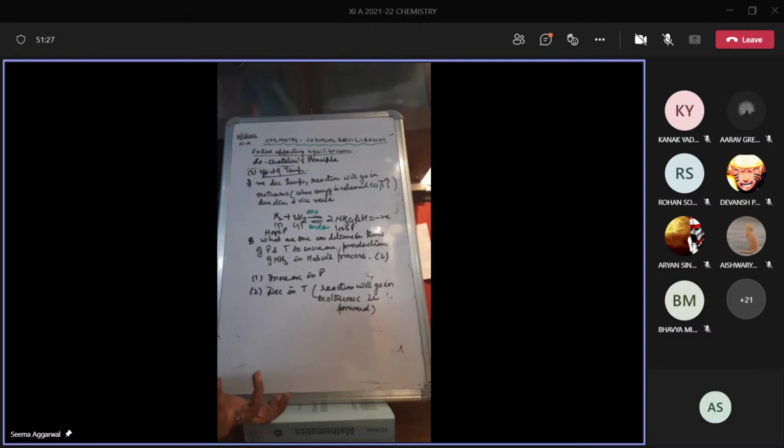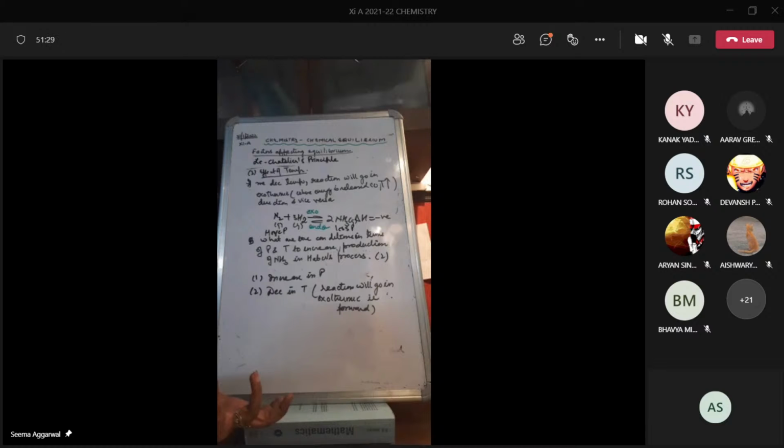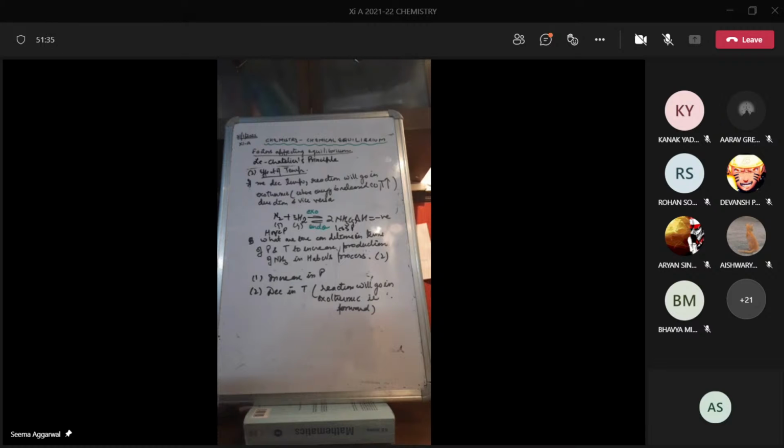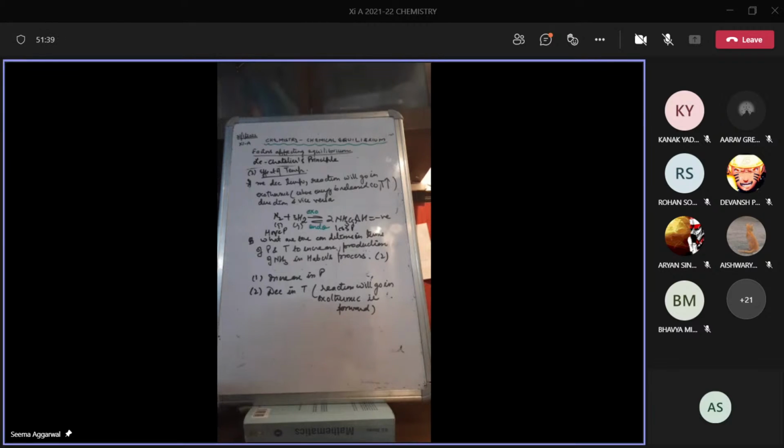The test tube becomes hot. Yes or no? It means the temperature of the system is increasing. We are not talking of the surroundings, only of the system.